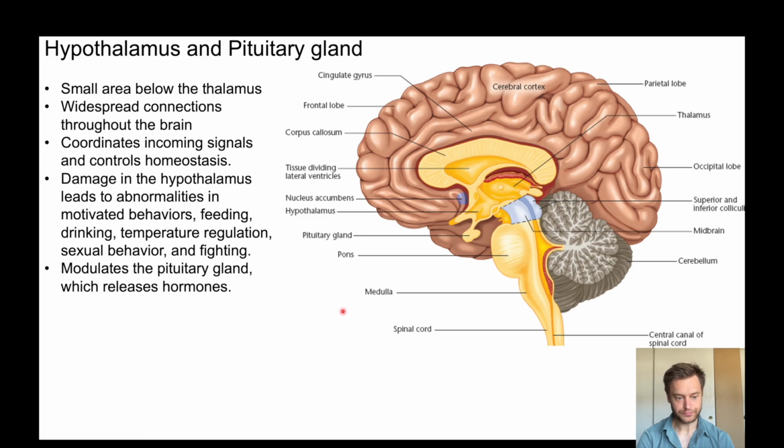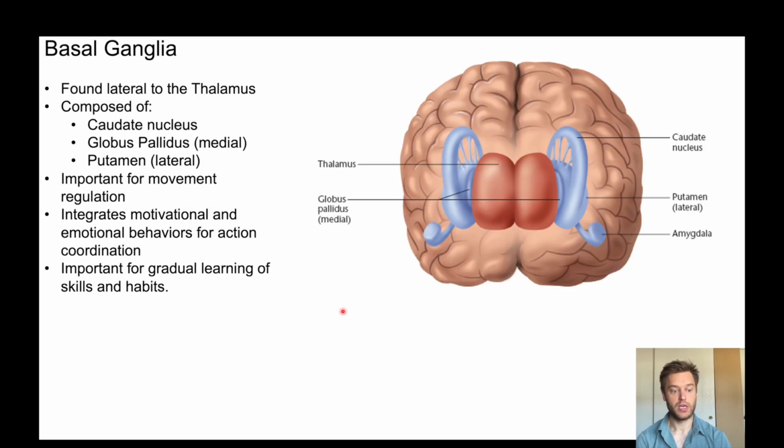So the main things that you'll need to know about the hypothalamus is that one, it's important for homeostasis, and two, that it controls the pituitary gland. We also have the basal ganglia, which is another grouping of nuclei. It's found lateral to the thalamus, and it's composed of the caudate nucleus, the globus pallidus medial, and the putamen, which is more lateral.